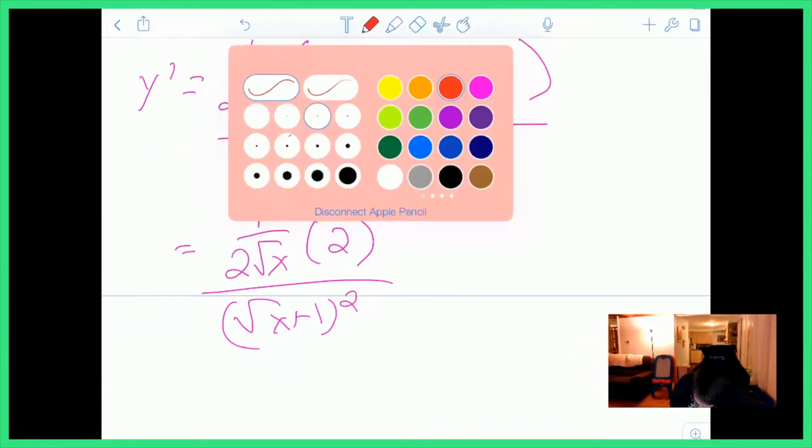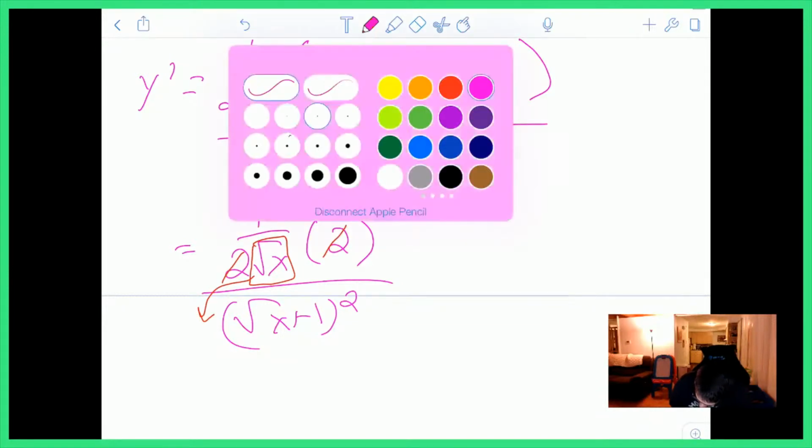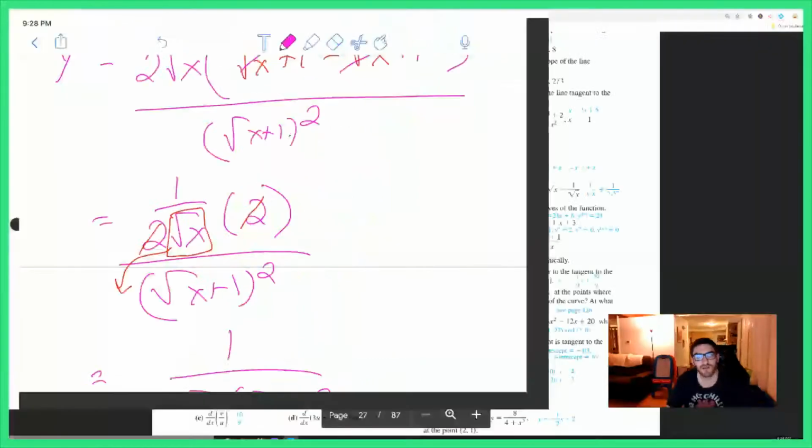Check this out. The 2 and the 2 cancel each other out. And I'm just going to take this radical x and move it right to the bottom, because that's just 1 over radical x. So this is just radical x times (radical x plus 1) squared, which I think is the textbook's answer.